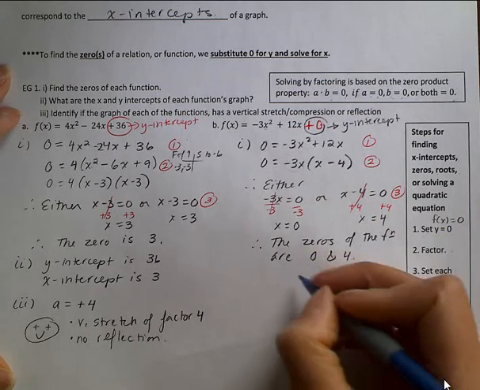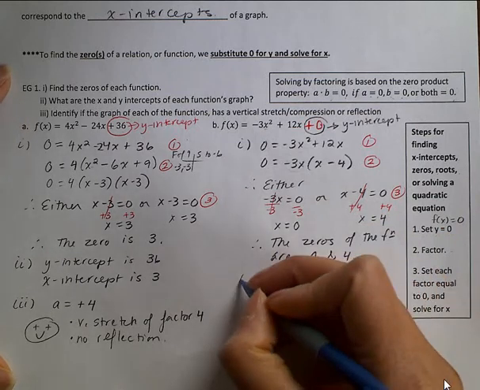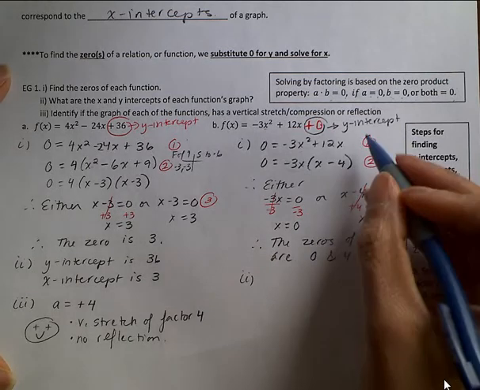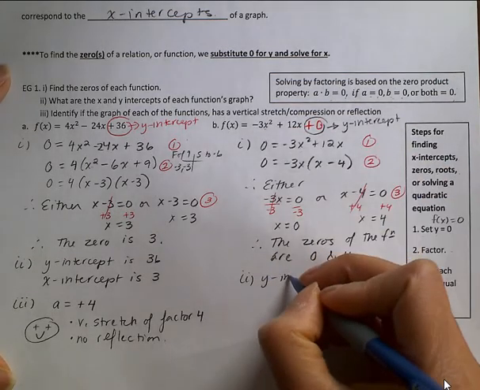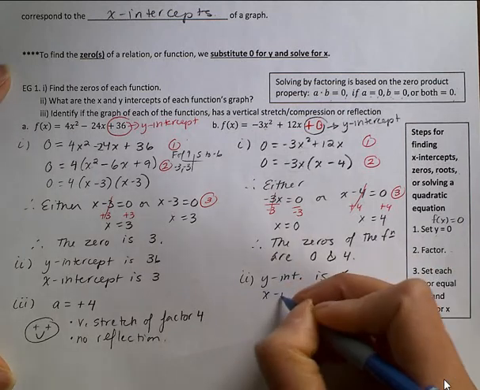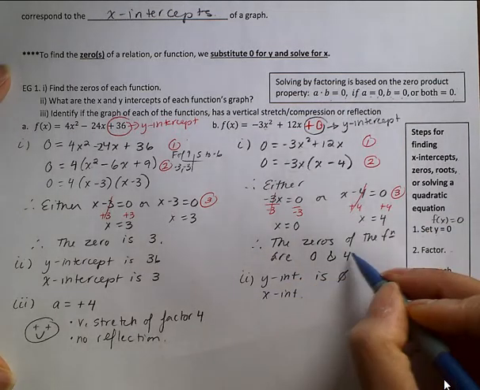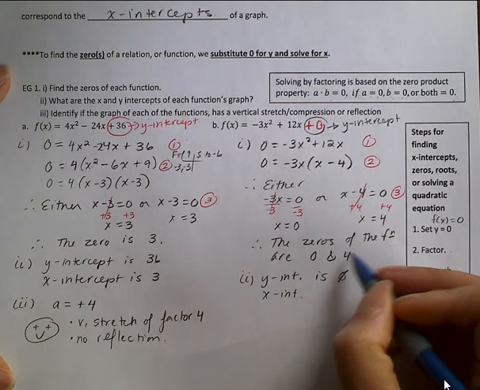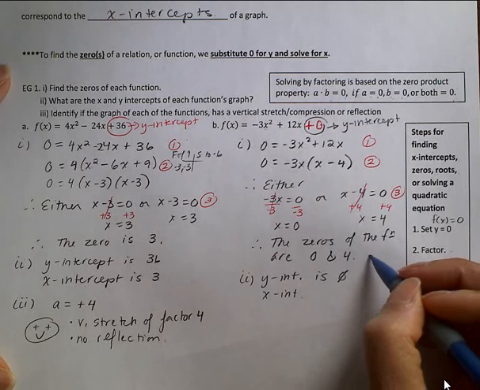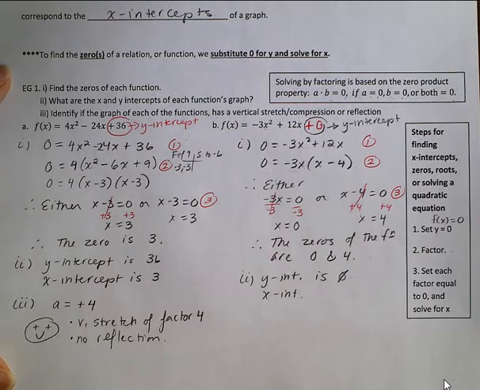Part 2 asks us for the x and y intercepts. Okay, we already talked about the y-intercept. We know that the y-intercept is 0, and the x-intercepts will be the same values as the zeros of the function. Let's think about this for a sec. Why would the x-intercepts and the zeros of the function be the same? Let me go back to the picture from the investigation.